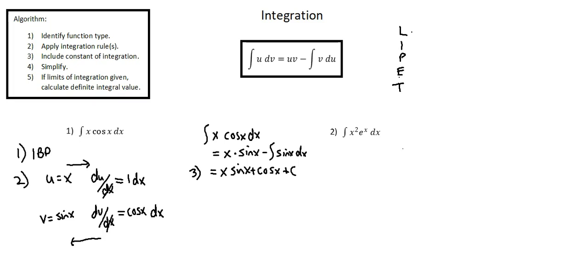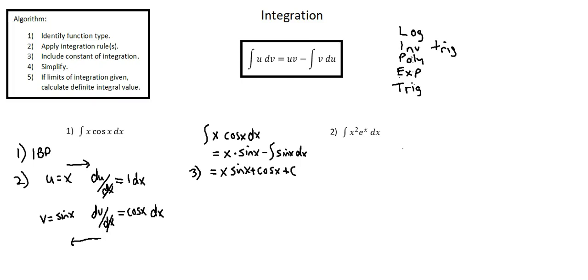L is logarithmic, I is inverse trig, P is polynomial, E is exponential, and T is trigonometric. The first one I see is the one that I assign to u. Now this isn't a universal rule, there are exceptions, but generally this is the process that we'll go through.